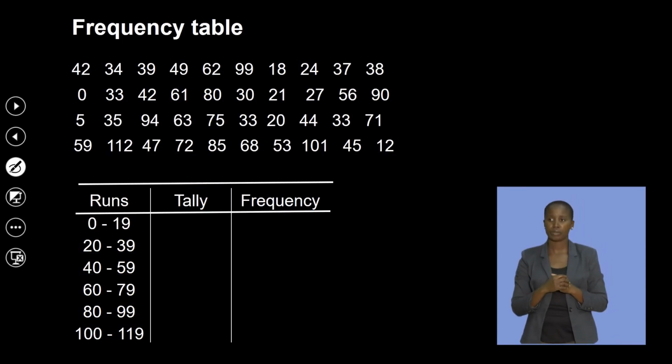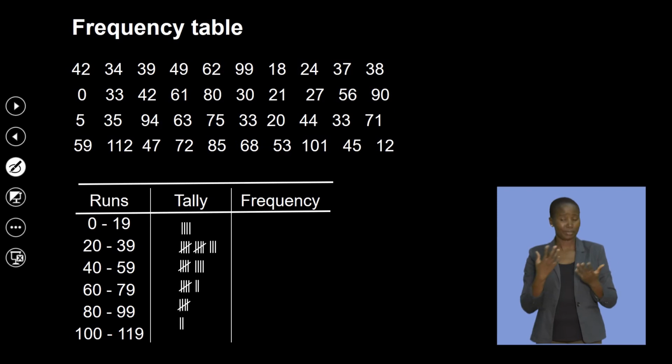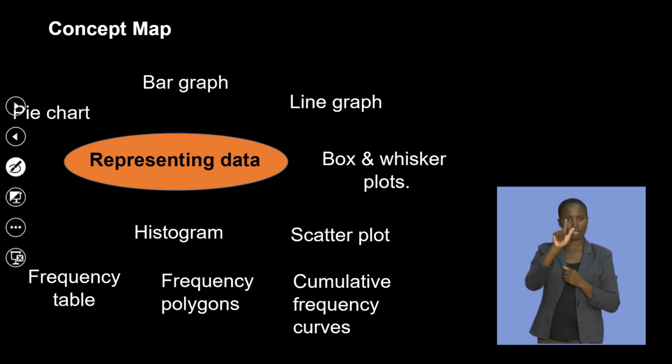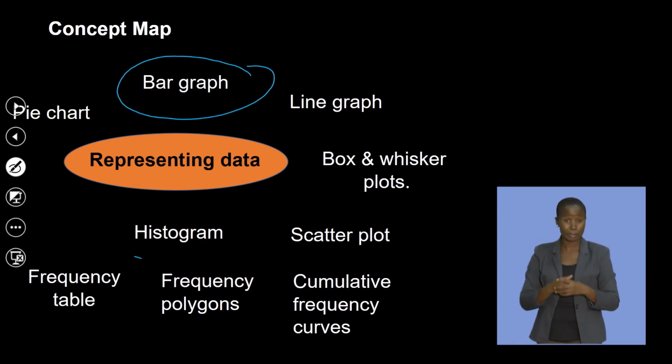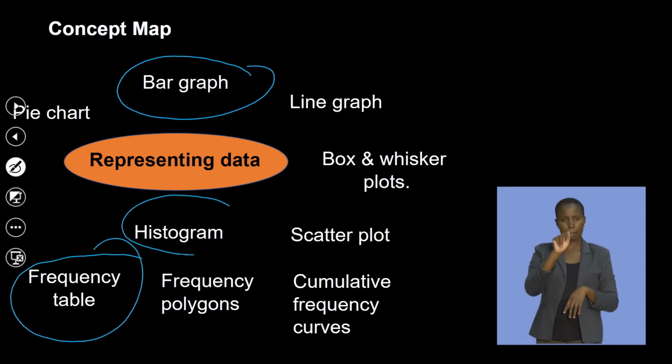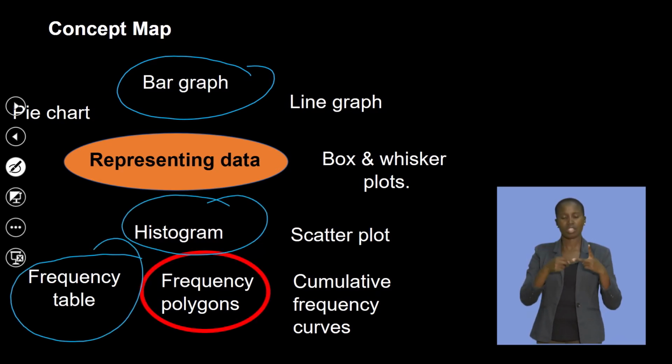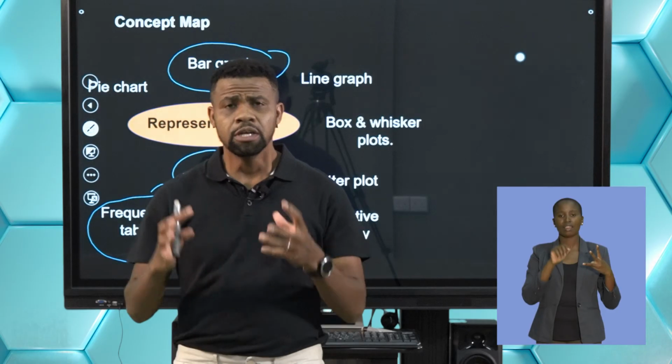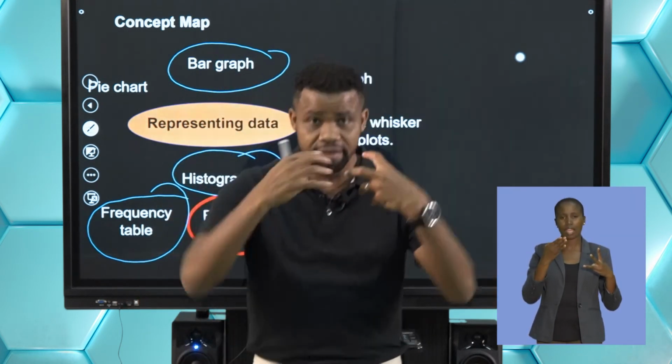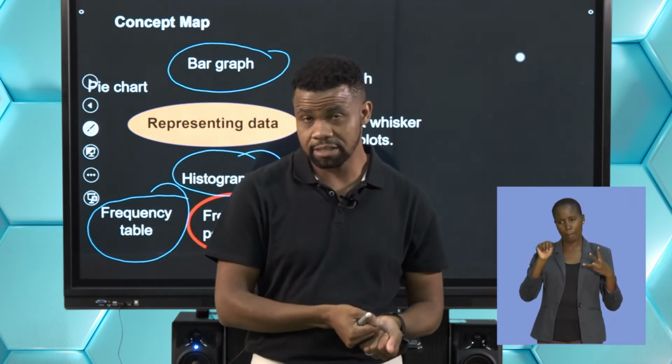So if you look at this, we had our tallies there, and we had our frequency. So we looked at the bar graph, we looked at the frequency table, we looked at the histogram. Now we're going to look at the frequency polygon, which is another way of representing data.